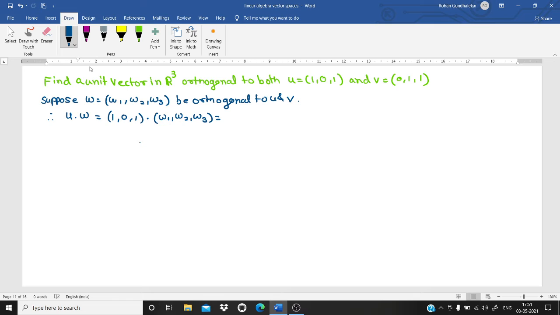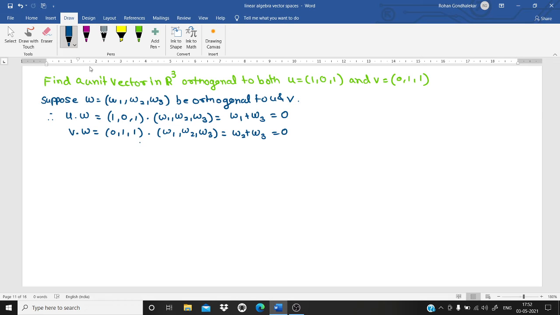The dot product will be w1 plus w3, which is equal to 0. As it is orthogonal to u and v both, their dot products with u and v should be 0. Second, v dot w will be 0, 1, 1 dot product with w1, w2, w3, which is w2 plus w3, which is also equal to 0.